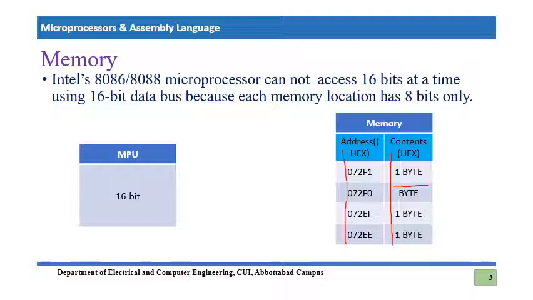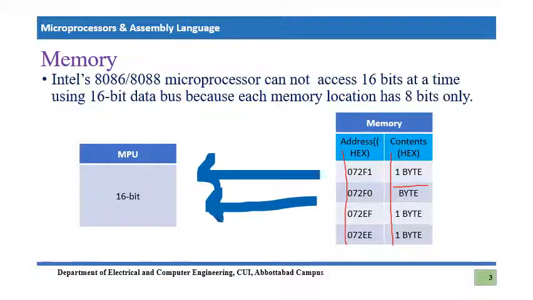Because if we force the processor to do the same thing, then we are not using this processor to its optimum efficiency. So rather than accessing just one location, it fetches 2 bytes of information from two consecutive locations.